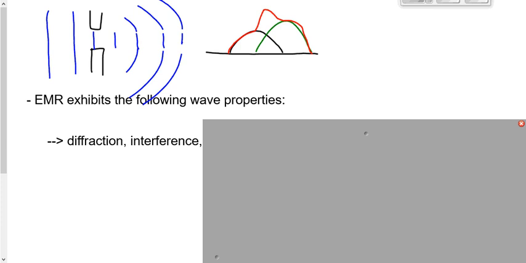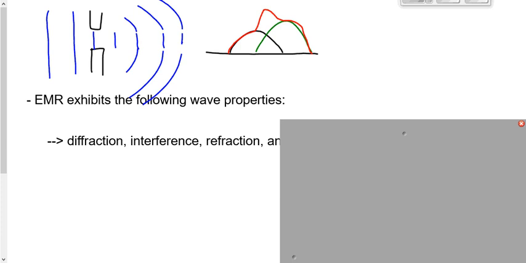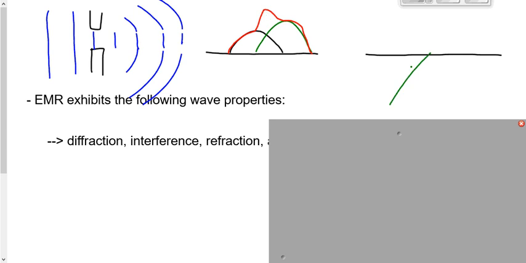Another property of waves that's exhibited by EMR is called refraction. We would have briefly mentioned this last year, when we were talking about waves and boundaries. We would have mentioned the word, but not in any kind of detail, because it's not really required in Physics 20. If here's a boundary, and you have a wave going towards the boundary like this, it strikes the boundary, and as it does that, it changes speed.